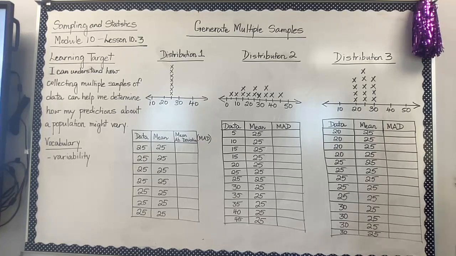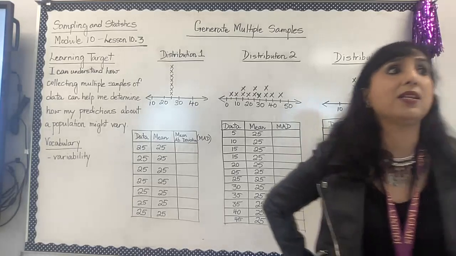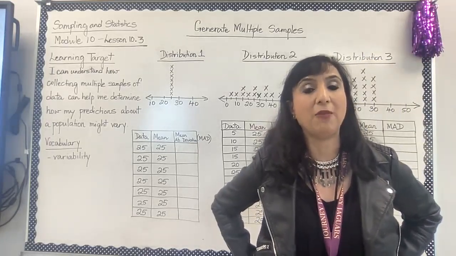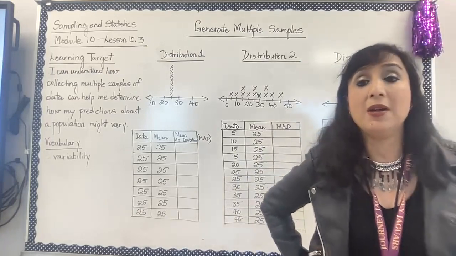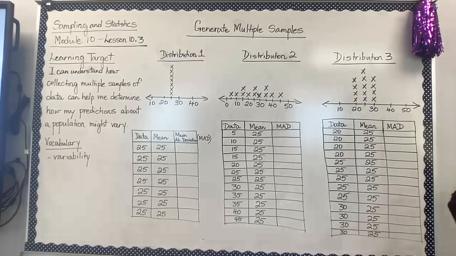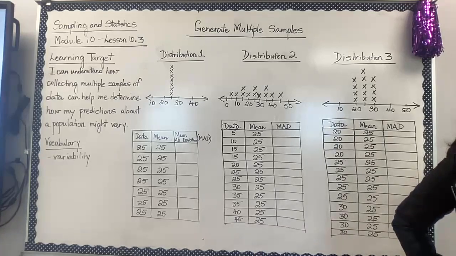It is also important to understand that the sample mean is going to be somewhat off from the actual mean of the population, but it's a good estimate of the mean of the population. It is rarely equal to the population mean.